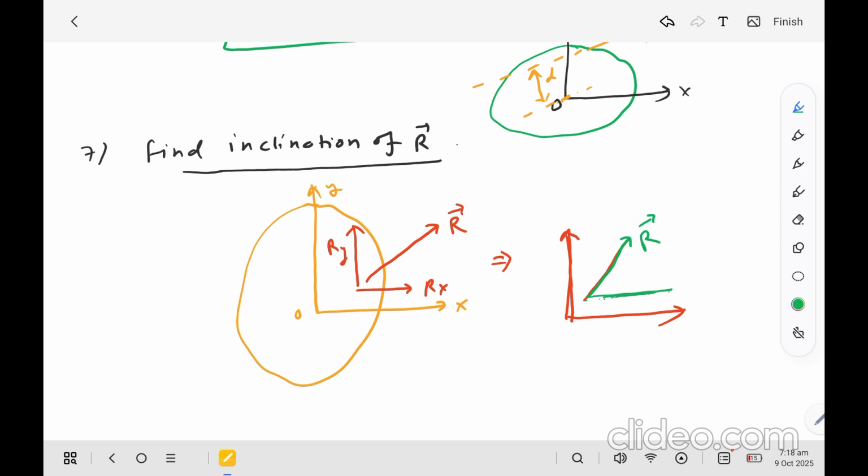If I resolve this resultant, then this is the Rx, and this is the Ry component, and then the angle theta here.